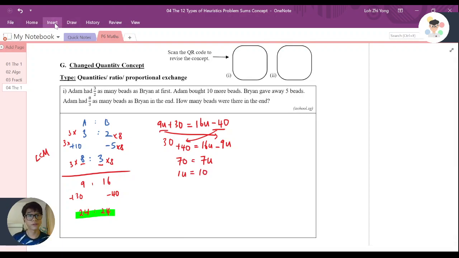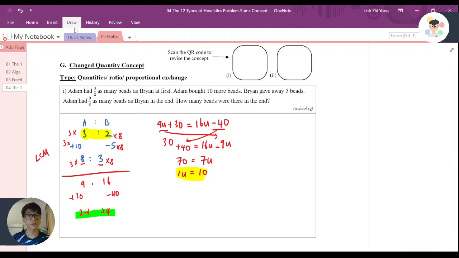Now, the very important thing you need to know is what this 1 unit equal to 10 represents. Is it representing here or here? This yellow 1 unit that we found is actually representing the original ratio. You might ask why we are not referring to the new ratio.